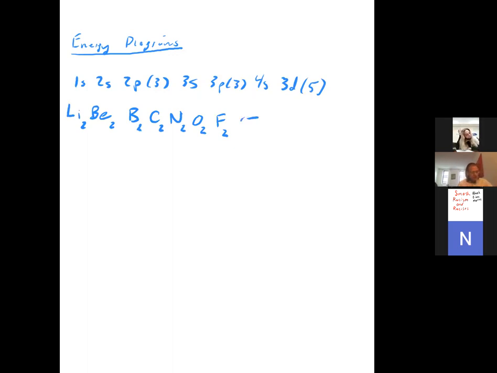These are the second period. Notice we're really only doing simple molecules. We're not doing big organic molecules. We're not even doing Br2 or Cl2 or even HCl.